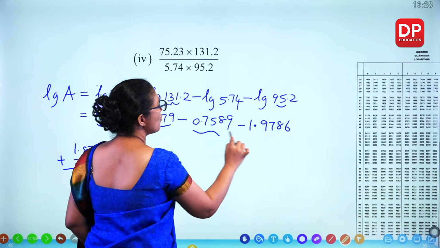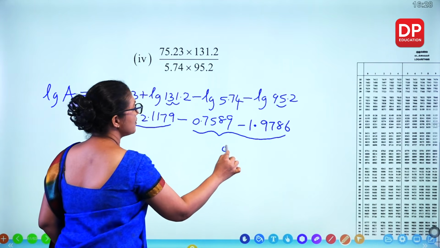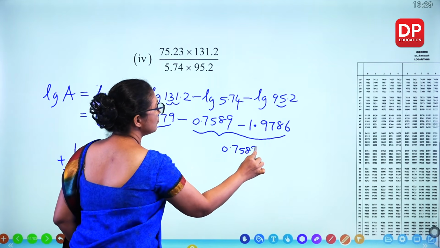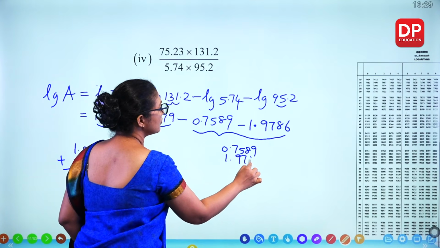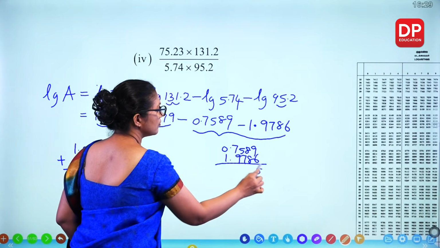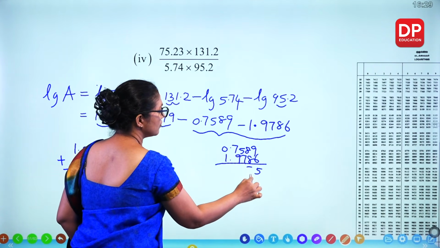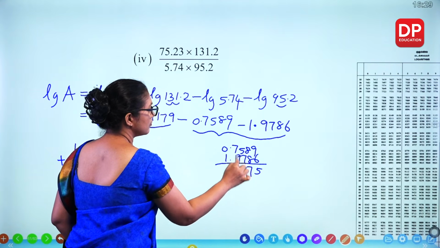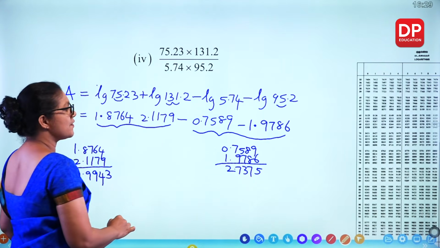Subtract these two, but before that we can add these two together. 2.7375.